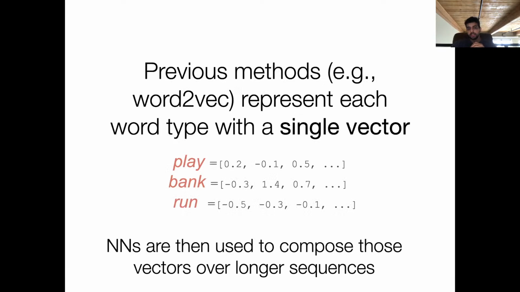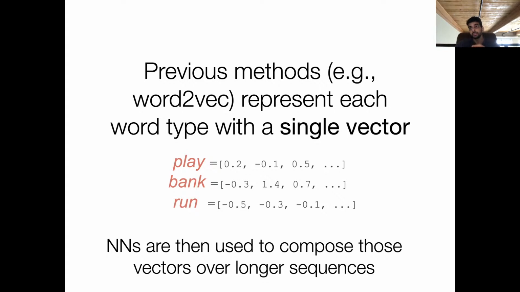Okay, so in all of the models that we've been discussing so far, the input to the model is the sequence of token indices, right? The index where each index corresponds to a word type from our vocabulary. And then we use those indices as a lookup table to index a specific word embedding that's associated with each index. So again, a word embedding is a single vector that's associated with each unique word type in our vocabulary.